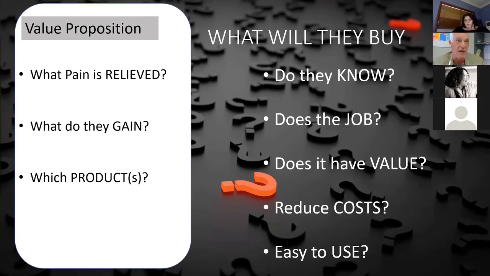And which products will those particular customers most likely buy? So what will they buy? Do they know about your product? What sort of job does it do? What's its value? Does it have a value to your customers? Will it reduce their costs? And is it easy to use? They're the things that you need to know about your product and your customers. And that can be kept in a CRM, but it's documented and uncovered via the model canvas process.